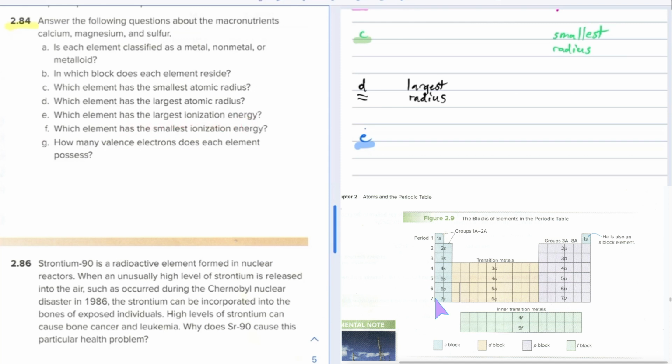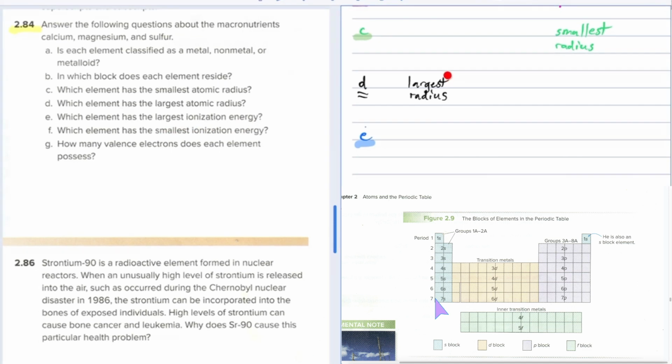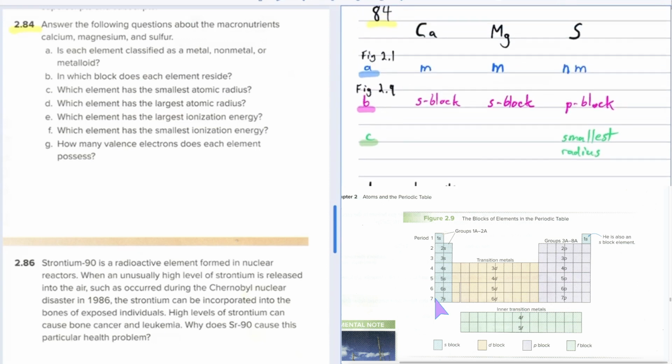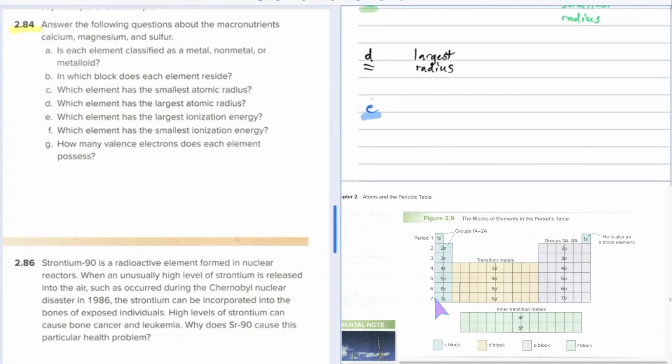Now, the ionization energy trend is opposite to the atomic radius trend. So whichever one has the largest atomic radius has the smallest ionization energy, and whichever one has the smallest atomic radius has the largest ionization energy, because it's very hard to remove electrons that are close to the nucleus. So these small atoms have very large ionization energies. So that would be sulfur. It would have the largest ionization energy.